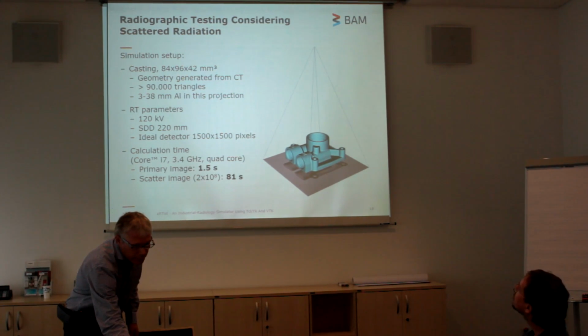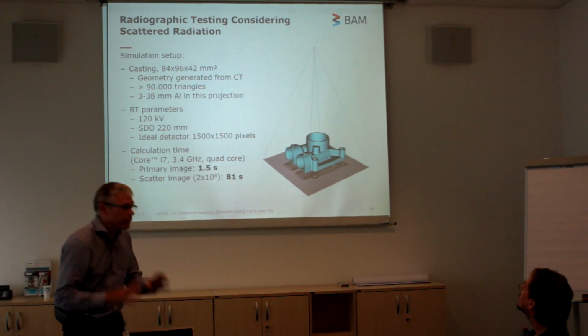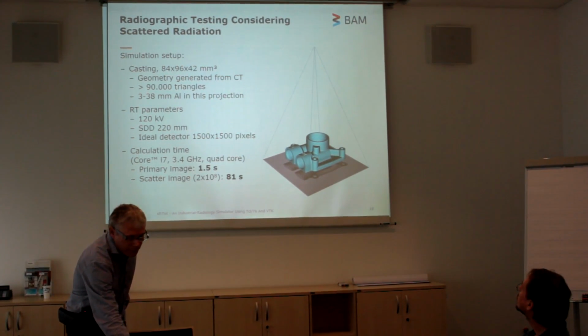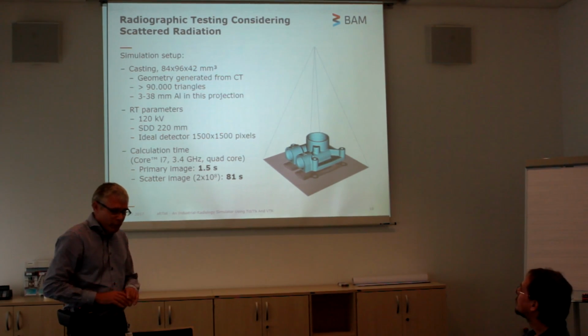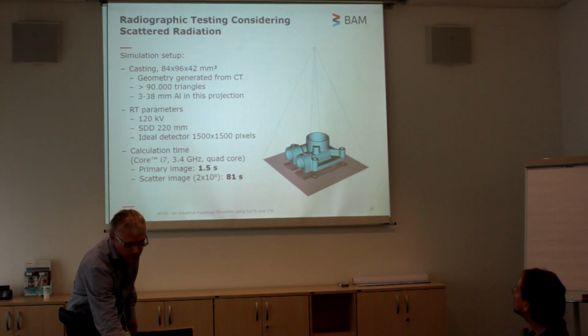Then we set several radiographic parameters, and a typical simulation calculation for the analytical part takes just a few seconds, and for the Monte Carlo part, minutes probably, or mostly less than a minute.